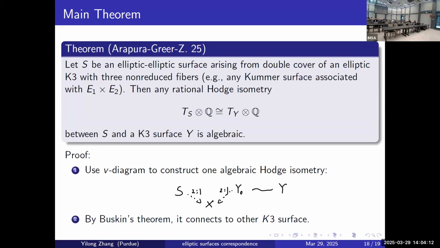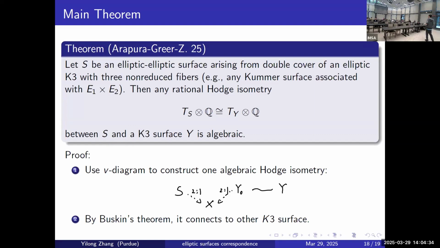And then you can allow this last base point to collide with any one of the three singular fibers. And if you do that, you actually get a normal curve. And when you normalize it, you actually get a P1.